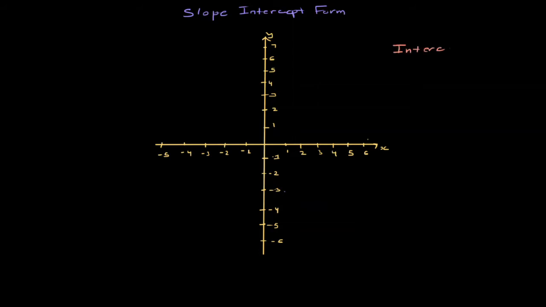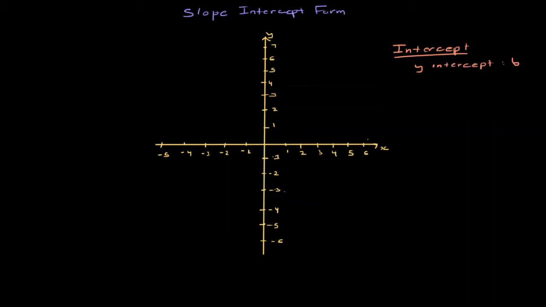Before that, let's talk about this word intercept. There are two intercepts. There's the y-intercept, which has its own special letter that we usually denote with b. And there's also an x-intercept, which I'll get into in a second.